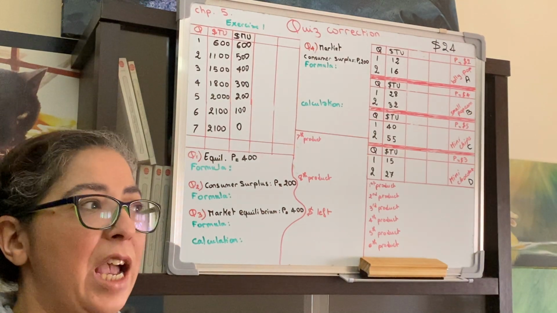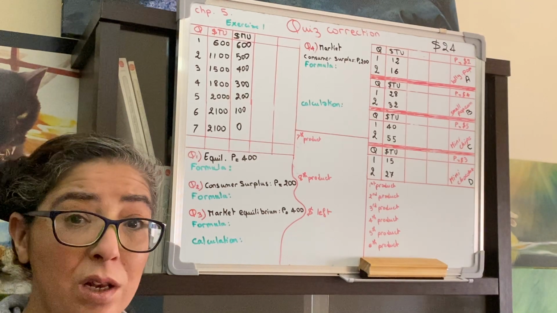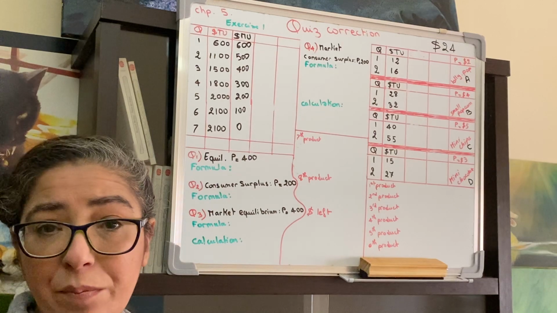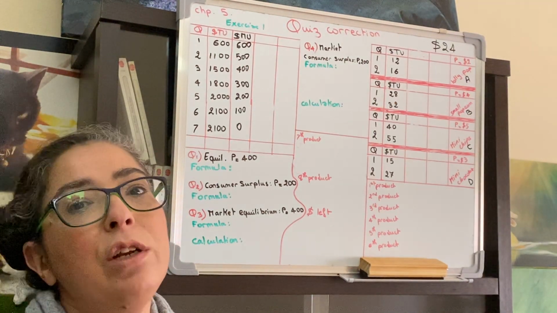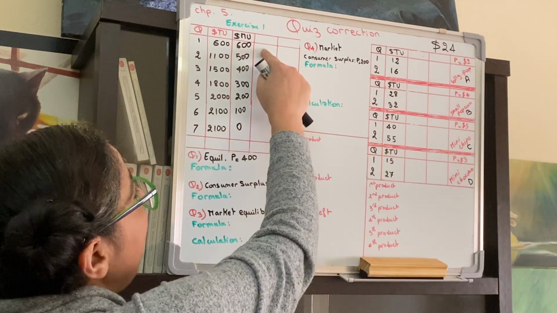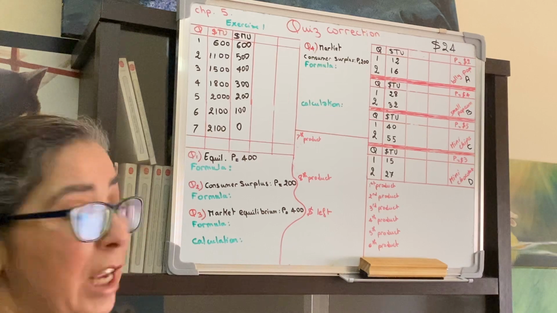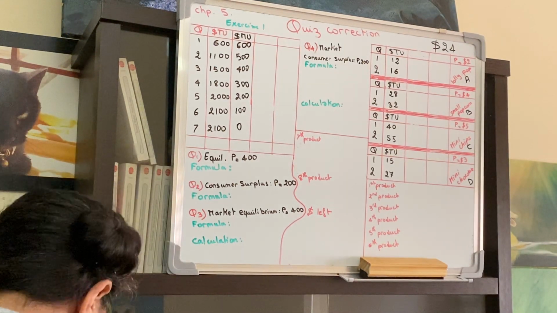Now we know that the equilibrium is reached when the price is equal to the marginal utility. So you have two ways of doing it. If you need to calculate the consumer surplus, you can use this column or you can do it directly. So I'm going to do it directly first and then I'm going to use the table. So what's the formula?